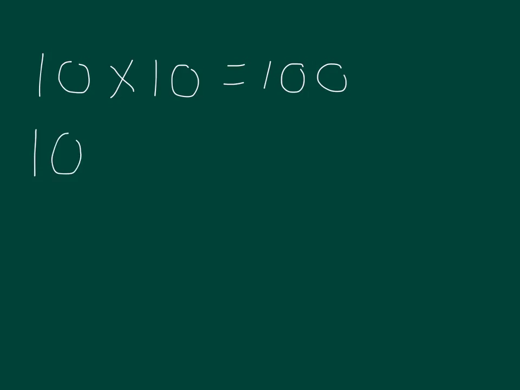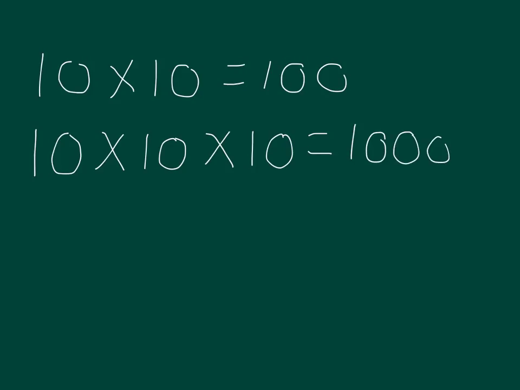Now we're going to look at a concept you're pretty familiar with. Let's start with just 10. If we multiply 10 times 10, that would be 100. If we do 10 times 10 times 10, that's going to be 1,000.